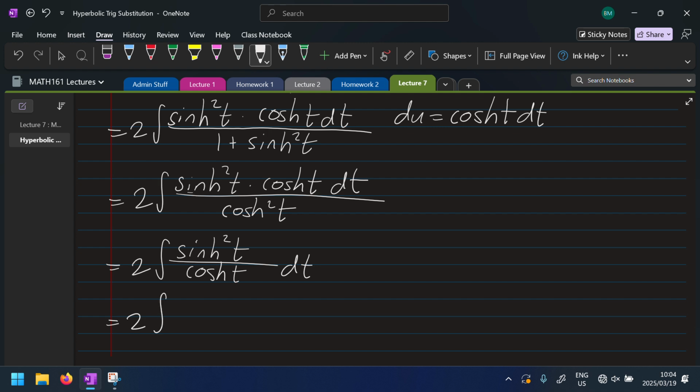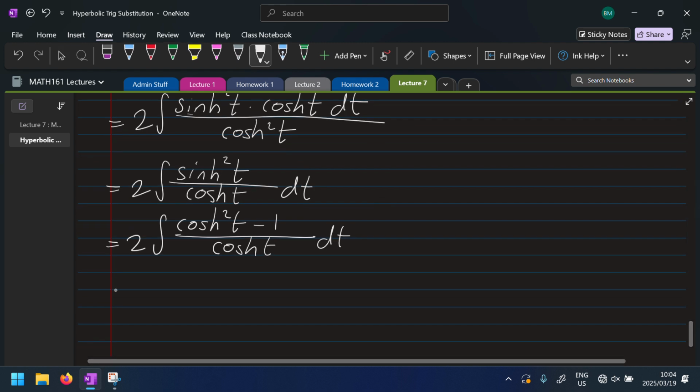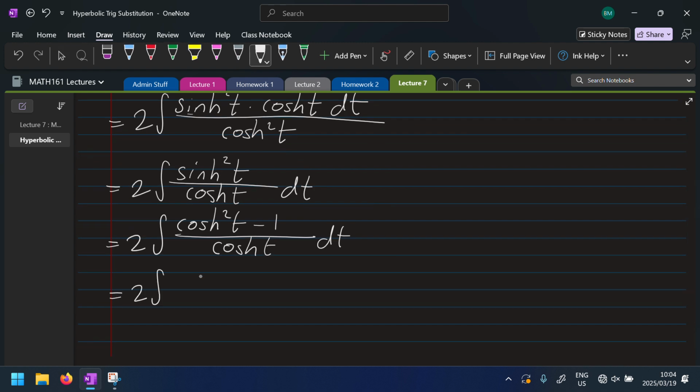So that's going to be 2 integral cos hyperbolic squared minus 1 over cos hyperbolic t. Okay, again, the reason I'm doing that is because this will just be a cos. That will be a sec. We know the answers for that already. So this is going to be 2 integral cos hyperbolic t minus sec hyperbolic t. Okay, and we know the answers for this.